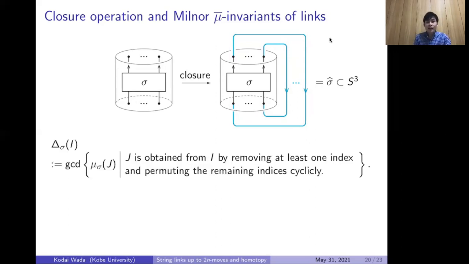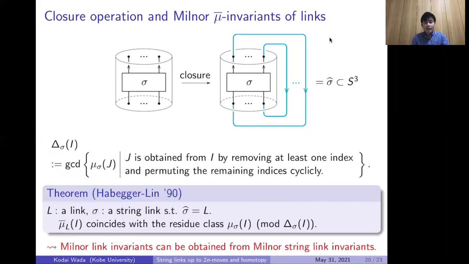Here we define a non-negative integer delta sigma (I). We define delta sigma (I) as the greatest common divisor of all mu sigma (J), such that the sequence J is obtained from I by removing at least one index and permuting the remaining indices cyclically. And then the following theorem is known.